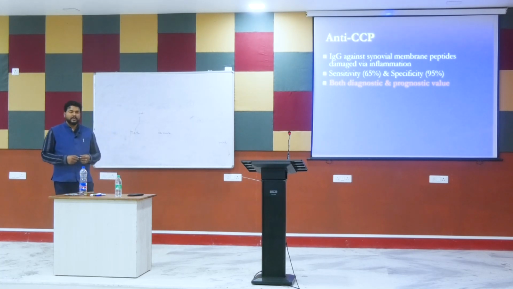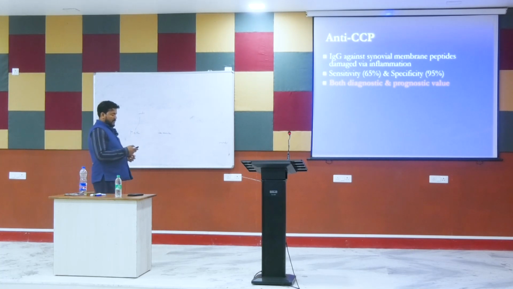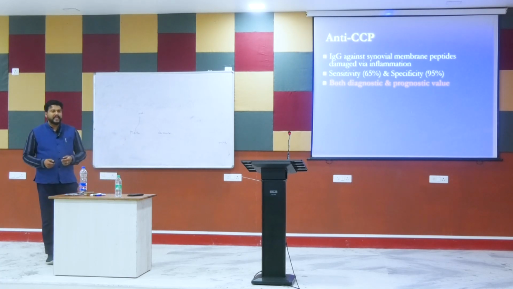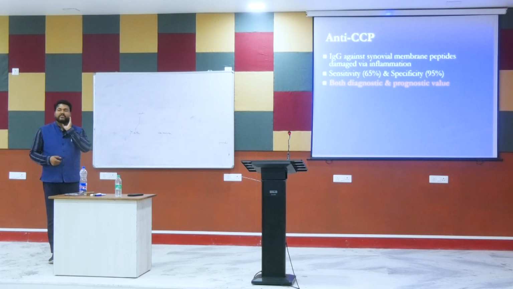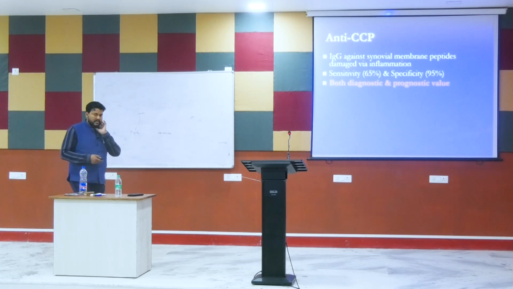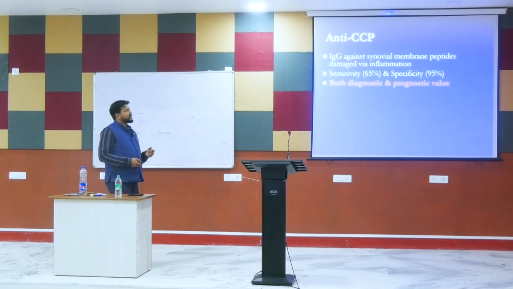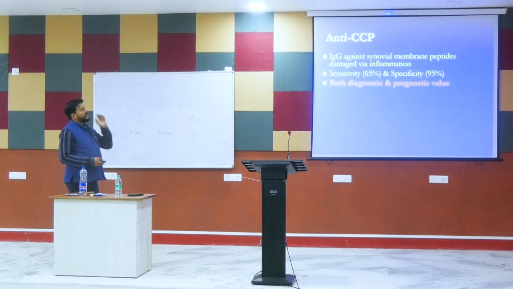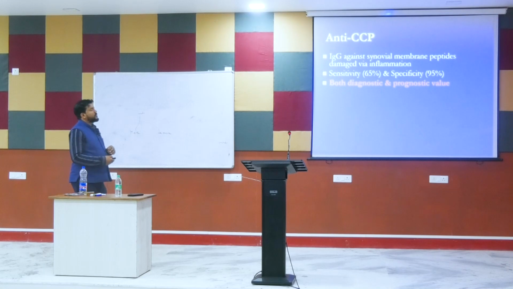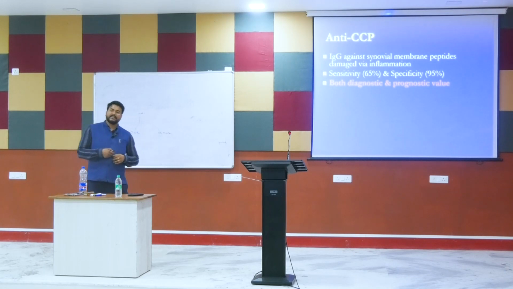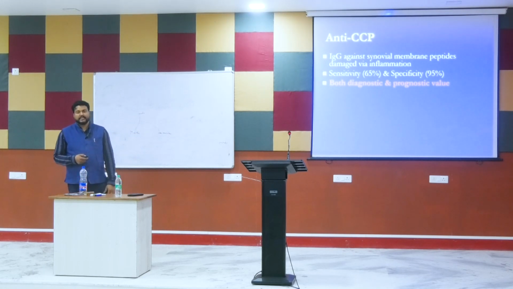anti-CCP. What is CCP? Cyclic citrullinated peptide. The cyclic citrullinated peptide is normally a protein of the synovial membrane. In inflammation, this CCP is exposed to the vascular system, and that can cause autoantibody production against the CCP protein. It is called anti-CCP.